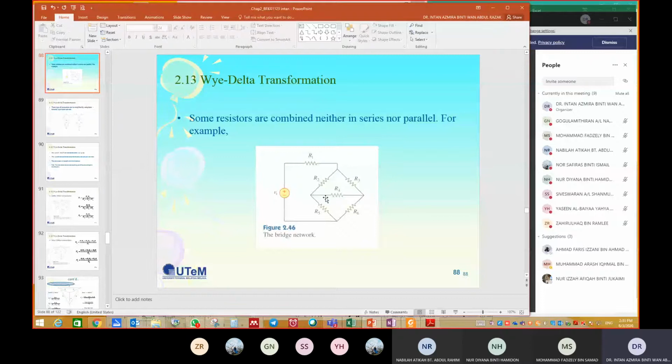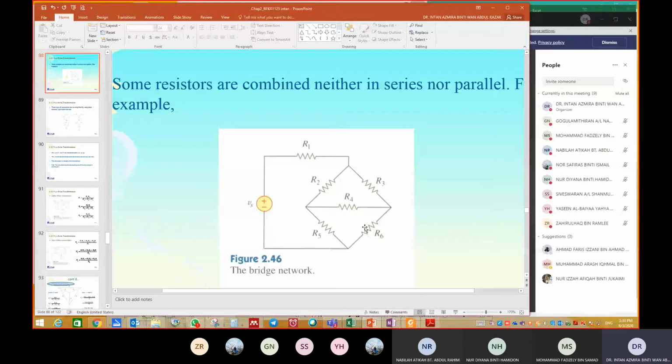For R2, 3, 4, this is a delta connection, so we convert it to Y, or star. Same goes for R4, 5, 6. This is a delta connection, so we transform it to Y, or we call it star.